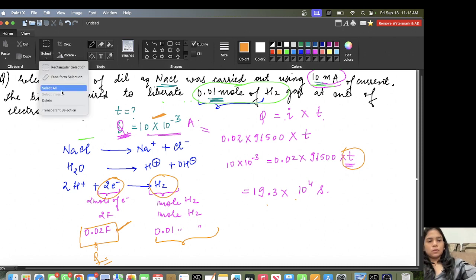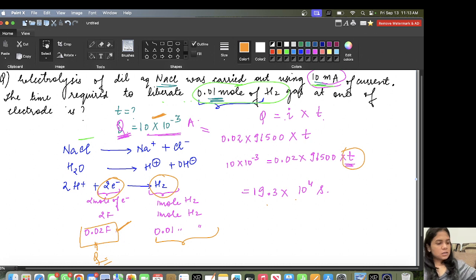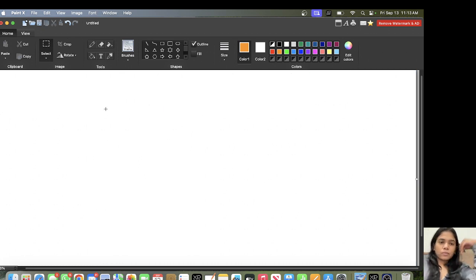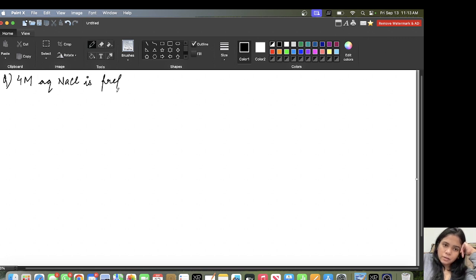Okay. I think this one will be the last or second last question. This is a big question. Let's do this question. The question is telling us 4 molar aqueous NaCl is prepared, and 500 ml of this solution is electrolyzed.